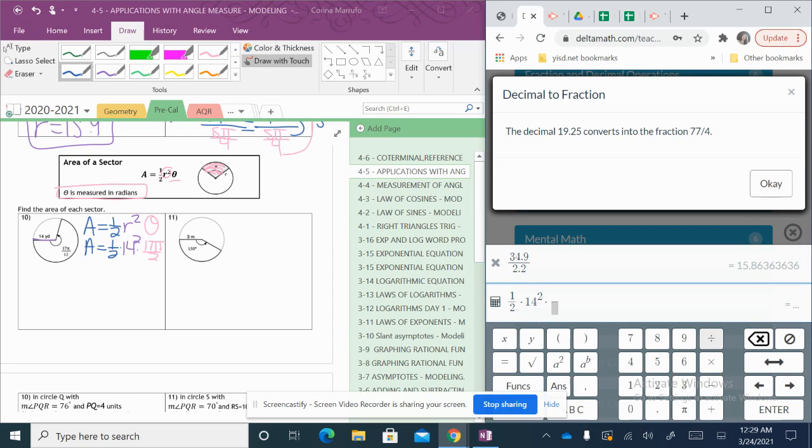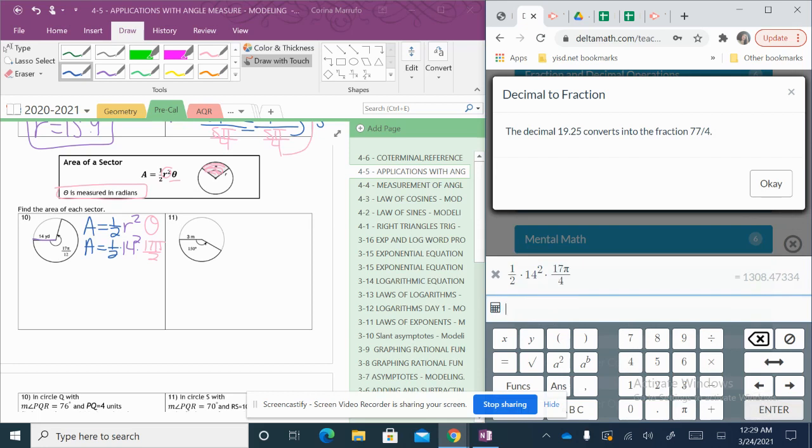On the top, I have 17 pi. On the bottom, I have 4. I press enter. That gives me area equals, it doesn't tell me to give it in radians or degrees, so I'm just going to leave it like that. 1308.7. And our units are yards, and then area squared.